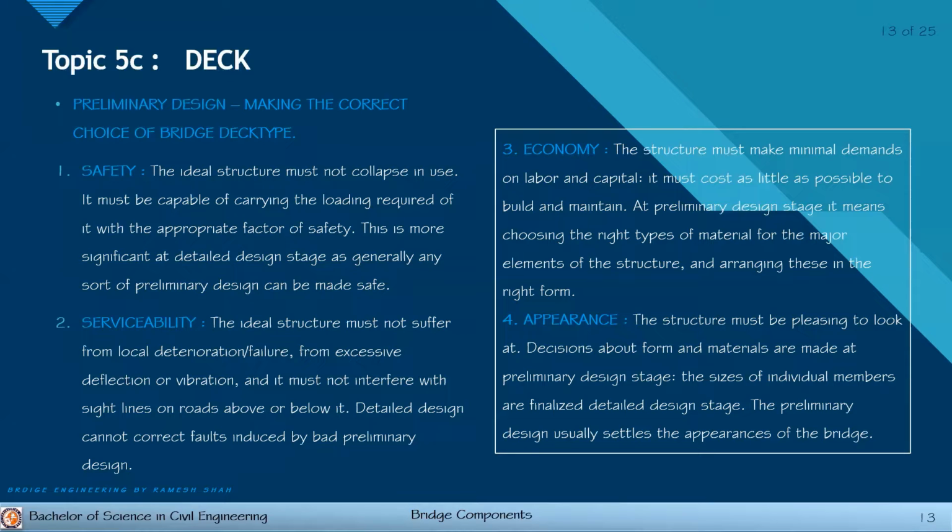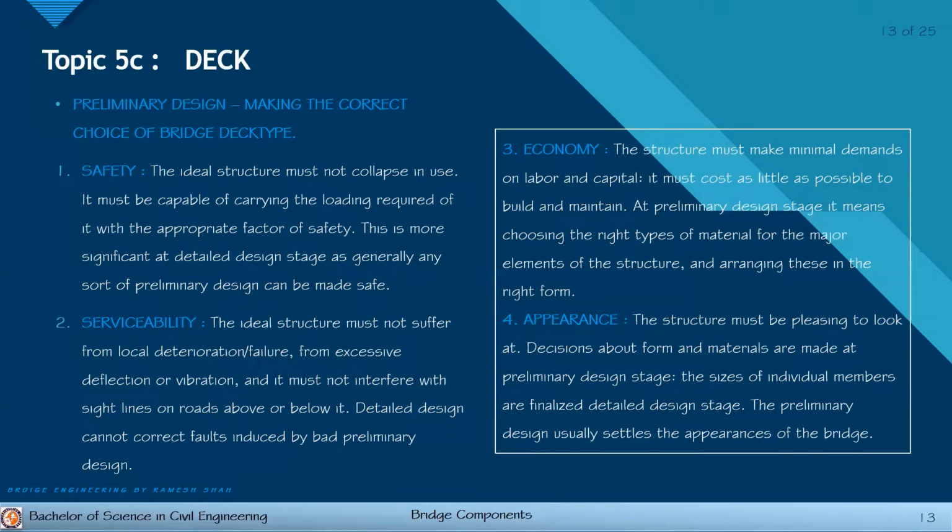Sa preliminary design stage pa lang pala, nalalaman na natin kung ano ba talaga yung total appearance ng ating bridge, kung ano yung mga materials, kung ano yung forms na gagamitin natin, sizes na siguro ng mga beam na paggagamitin natin, kung ano yung mixture ng ating concrete ating gagamitin, ganyan.